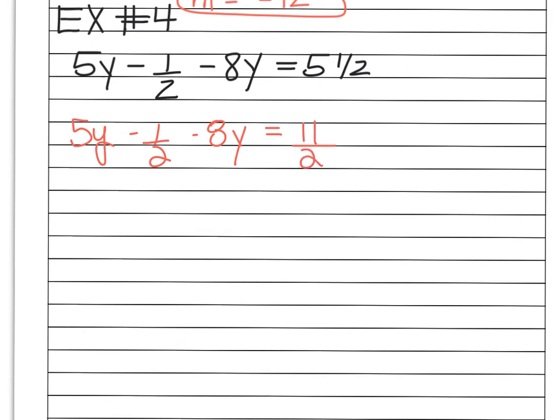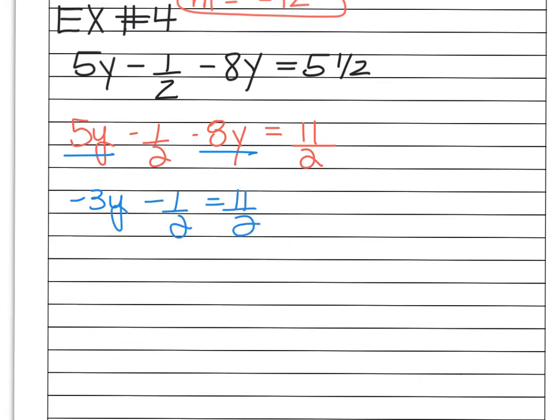Again, you can use my rule and get rid of your 2's here on the bottom for your denominators. But before I do that, let's go ahead and combine like terms, as we can make it a little easier for ourselves. So we're going to have 5y minus 8y is going to be negative 3y minus 1/2 equaling 11 over 2.